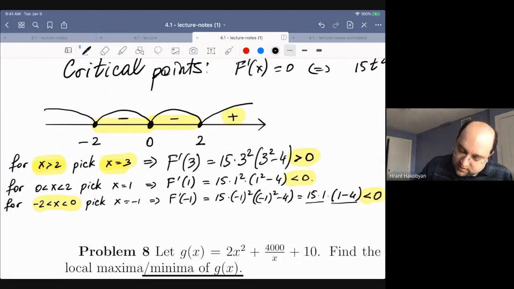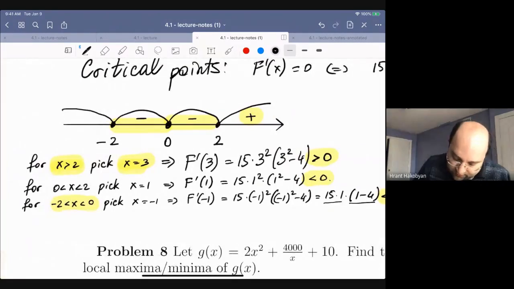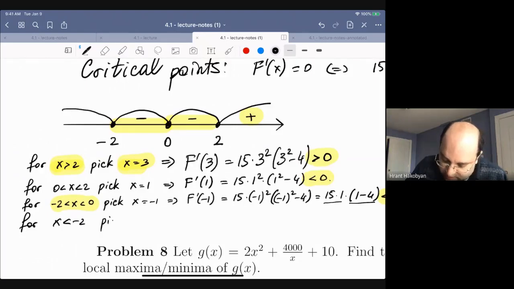Okay? And similarly for the last one, for x less than negative 2, I'm going to pick x equals, let's say, negative 3. So I have F prime of negative 3.